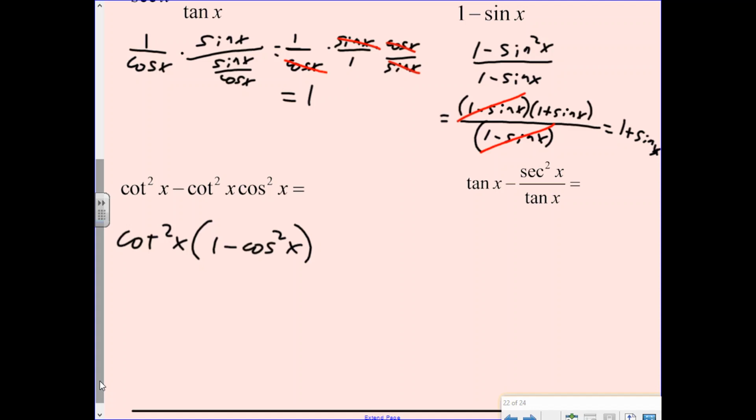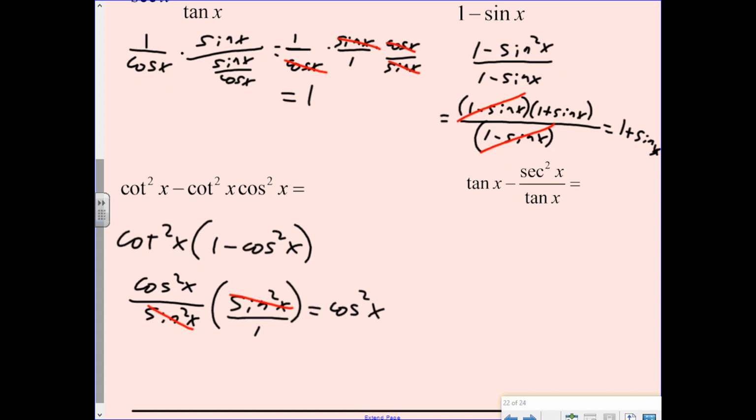I know cotangent squared is equal to cosine squared over sine squared, and I know 1 minus cosine squared is equal to sine squared. And if I want to be precise about it, I can write that over 1. And again, my sine squareds cancel out. So what am I left with? Cosine squared x. And that is your simplified version of that big thing on top.